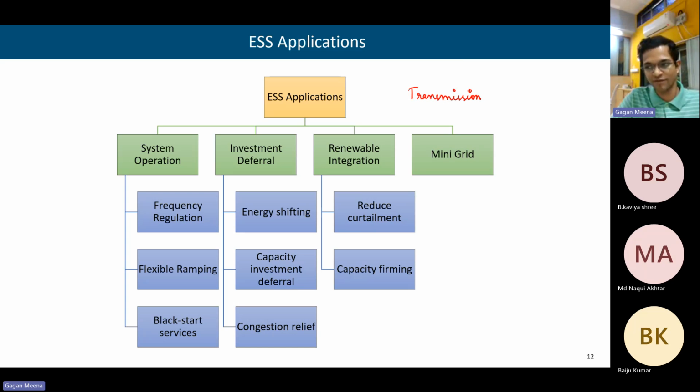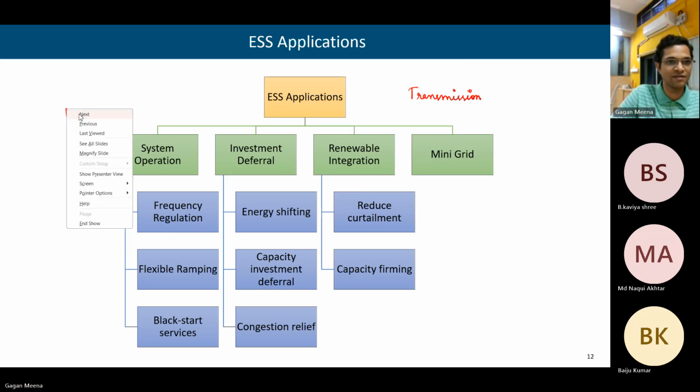We have to first of all procure the right of way, the land requirement. So this is the transmission line.